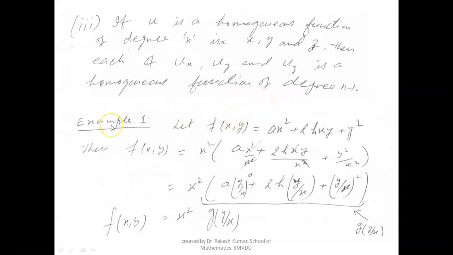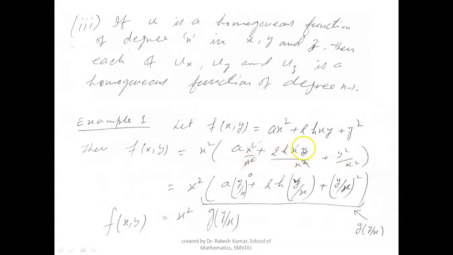Now coming to example 1. If f(x, y) equals a x square plus 2hxy plus b y square, then taking x square common, multiplying and dividing by x square, we get x square times a plus 2h y upon x plus b y square upon x square.